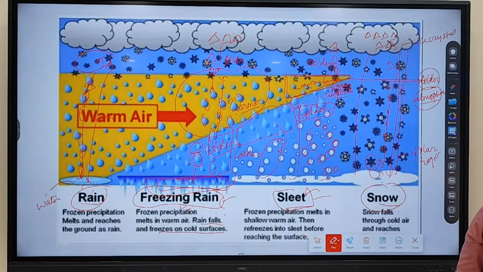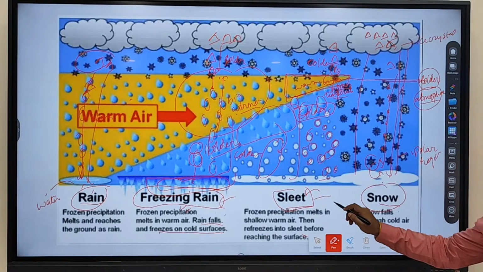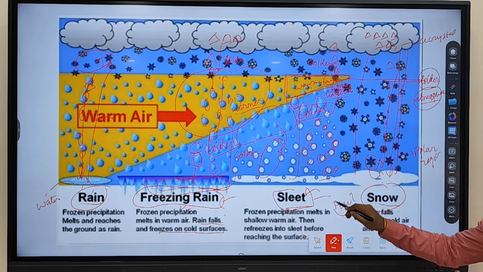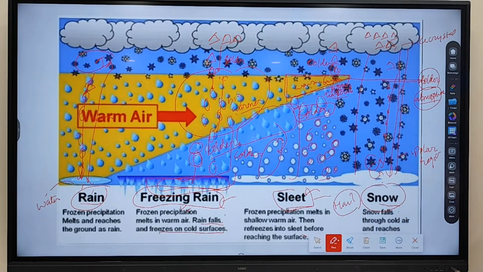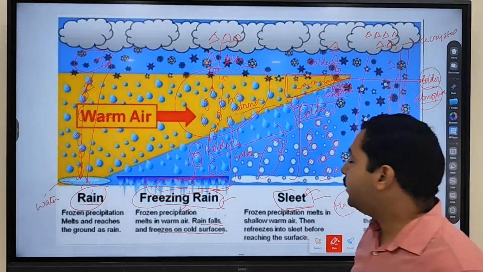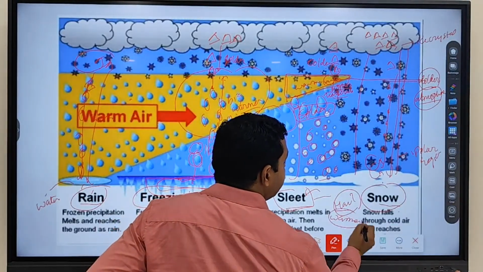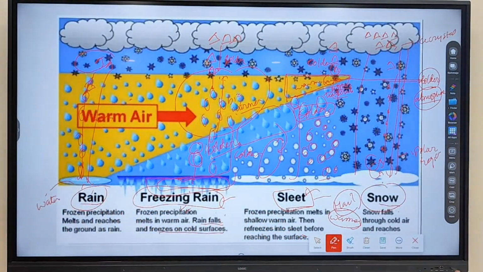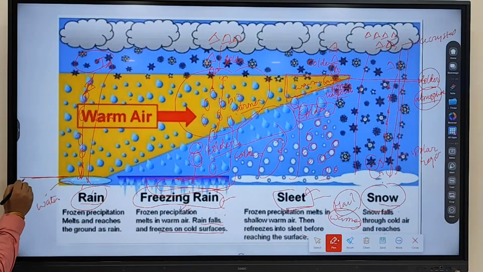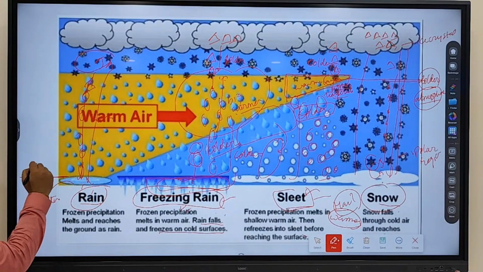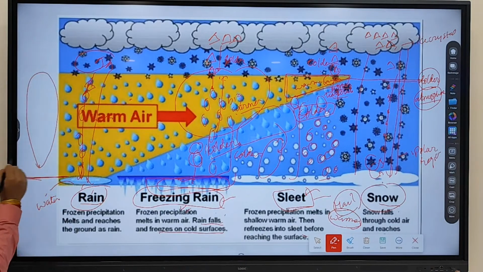Fine. Now there is one more thing which is called hail. What is hail? Hail is when ice particles or ice crystals come down onto the earth's surface in the form of ice in warmer areas. Let's say this is the earth's surface.